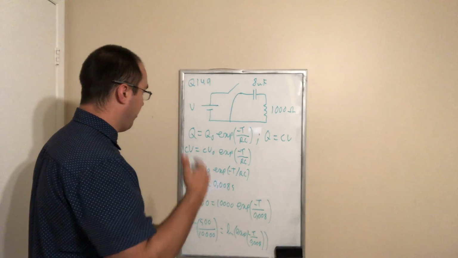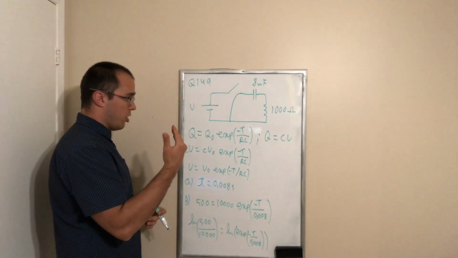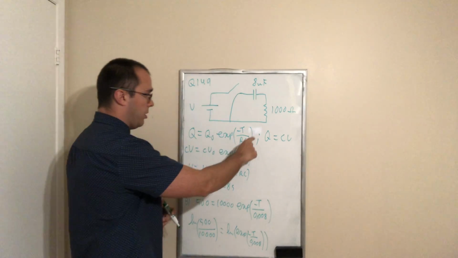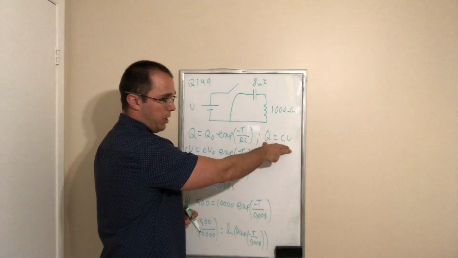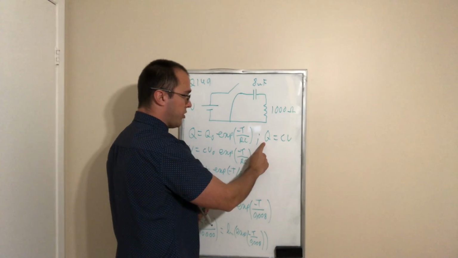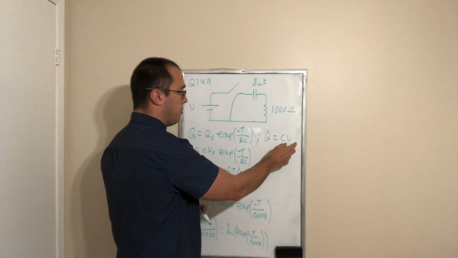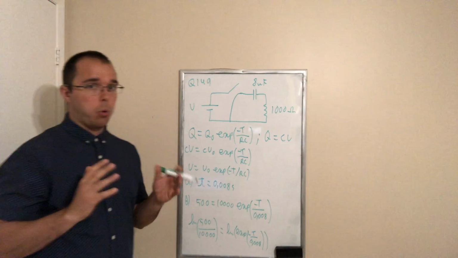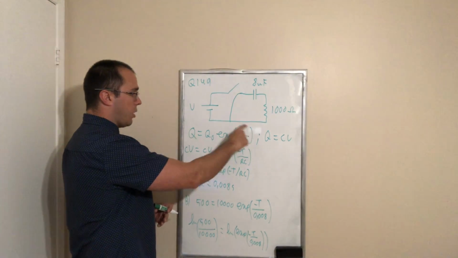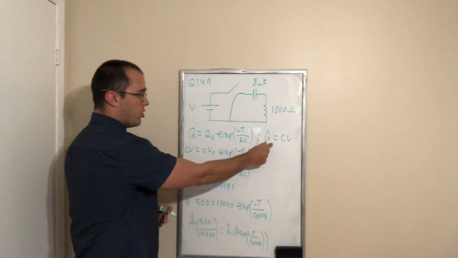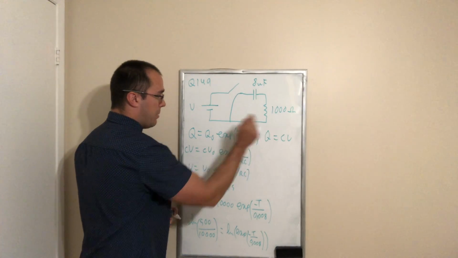And so first thing, because it's a discharging problem, we need to use this formula. And this formula is always valid when it comes to a capacitor. The amount of charge is equal to capacitance multiplied by the voltage across the capacitor. Now note, we can transform this equation by replacing the charge with the capacitance multiplied by the voltage.